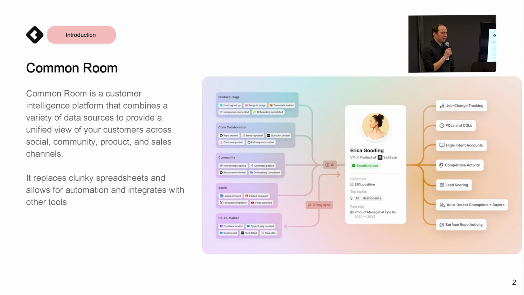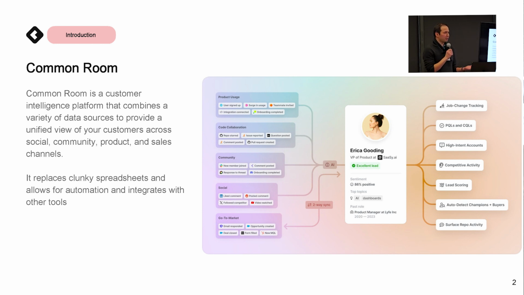Common Room itself is a platform for community and a bunch of other go-to-market people. Essentially, it takes a bunch of different data sources, like product usage, GitHub usage, Slack community, Twitter, Discord, social, LinkedIn, Reddit, YouTube, all sorts of stuff, and mixes that with a bunch of CRM data and provides you this unified way of looking at people.